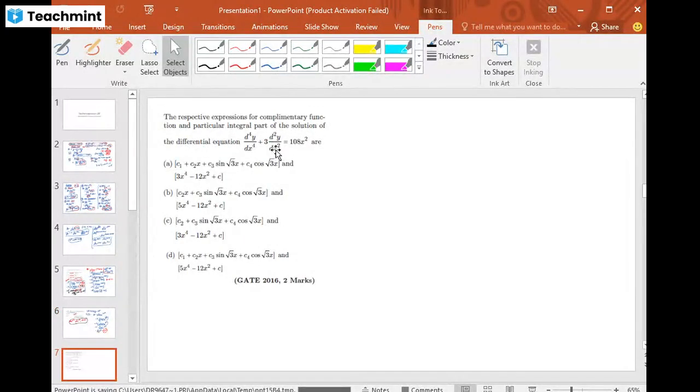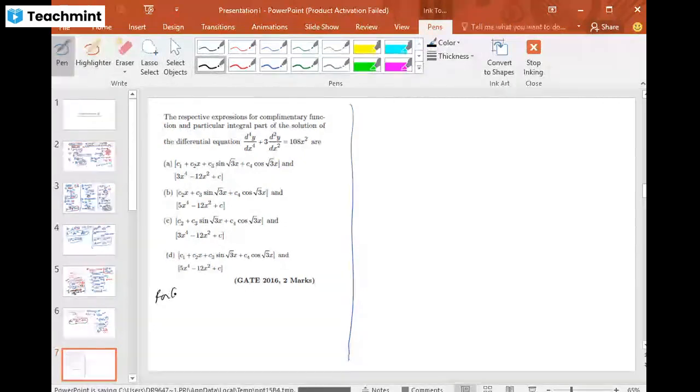Okay, in this case, we need to find the complementary function as well as the particular integral. So for the complementary function, firstly we consider the homogeneous differential equation.